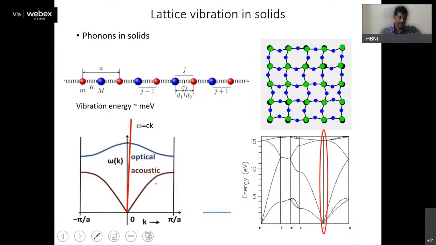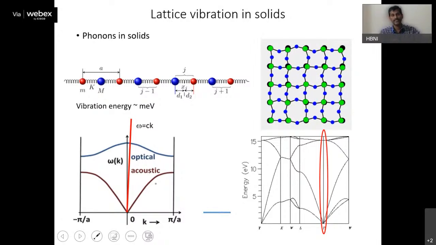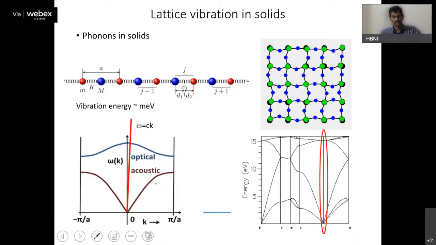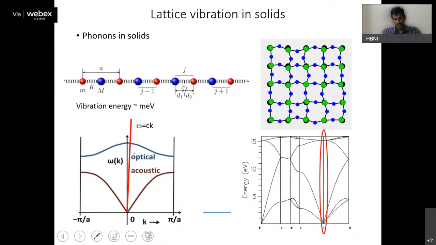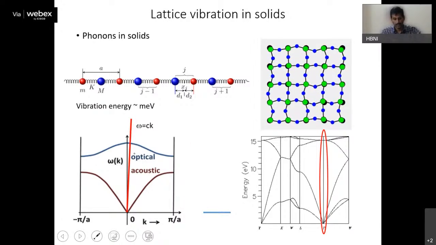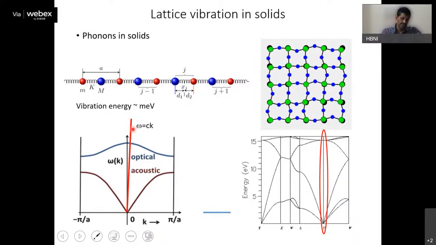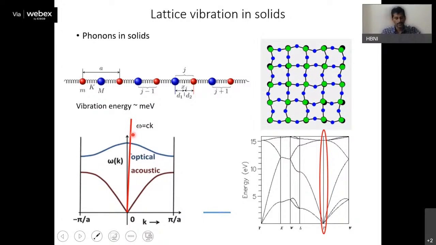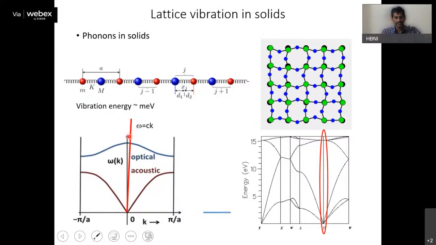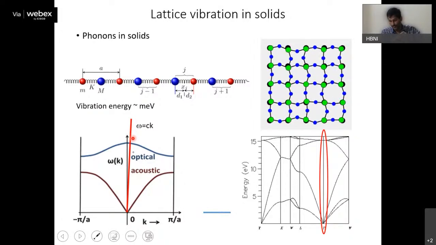So when we want to investigate phonons with light, only certain phonons which satisfy the energy and momentum conservation conditions are detected. When we are talking about vibrational levels or phonons and we excite with optical light, these are the modes which will interact with the photon, and we get information about them.